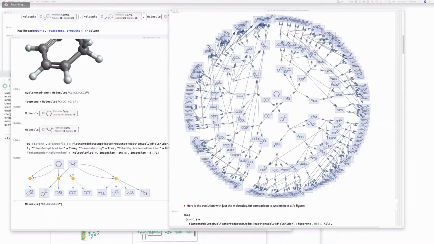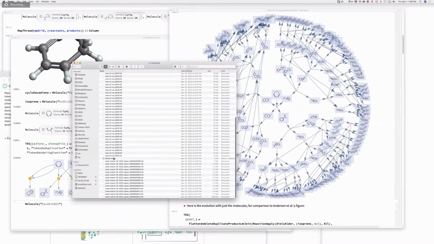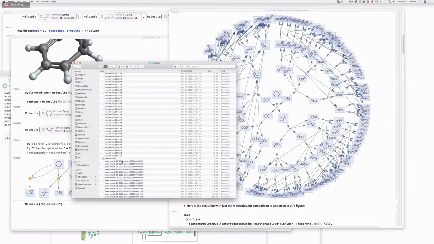I haven't really looked at this yet, but where did I put this? Oh well, I maybe can't show this here.